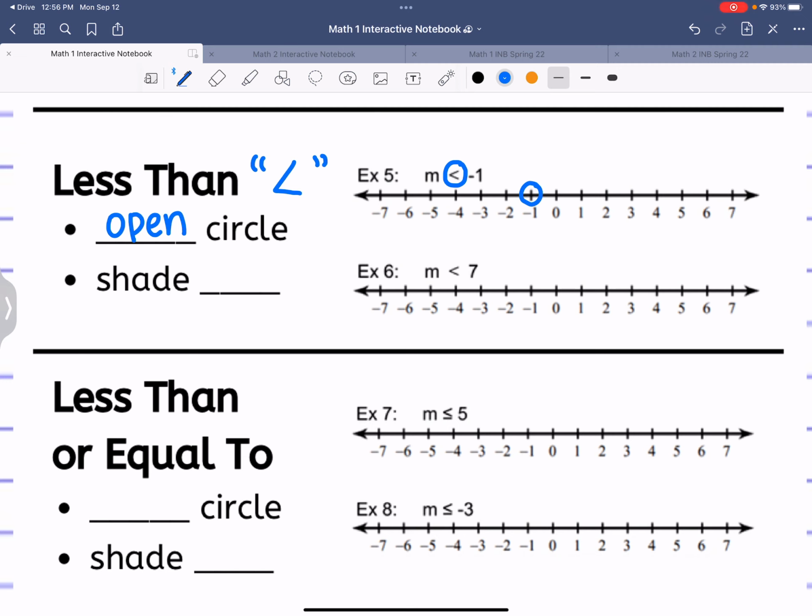Less than is shaded to the left. So from -1, we're going to shade all the numbers that are less than that, which is all the numbers that are to the left. So -2, -3, -4, the further we get away from 0, the lower those values are worth, or the less those values are worth.